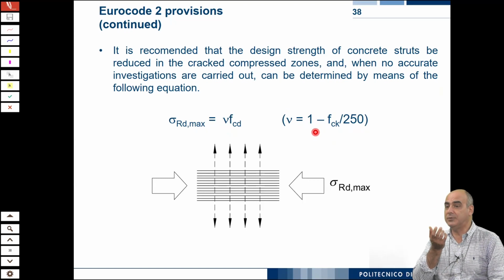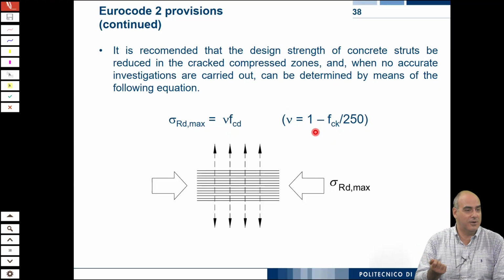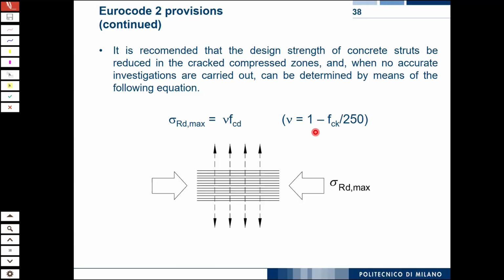So it seems to be a strange thing. Say you have a better concrete and you reduce its strength more than if you have a worse concrete. Why is this? I hear some syllables that can be part of the right word. Brittleness. Yes, exactly that. Higher strength concrete is also more brittle.